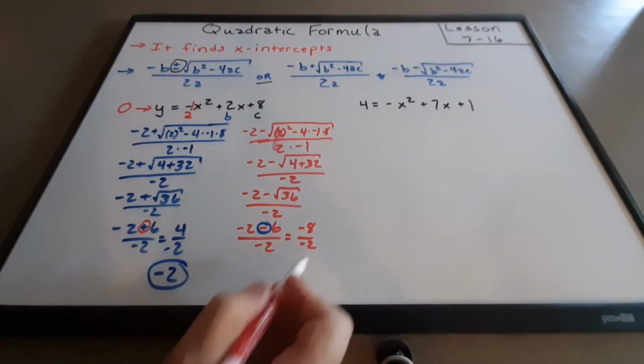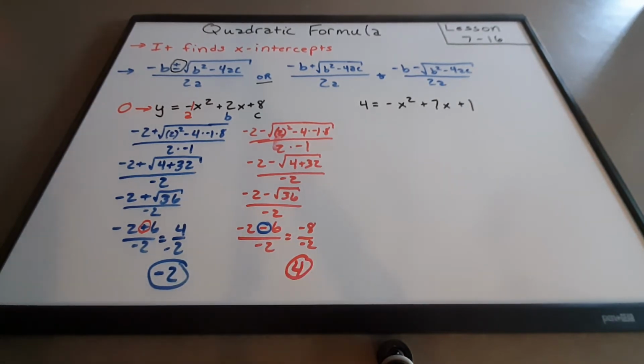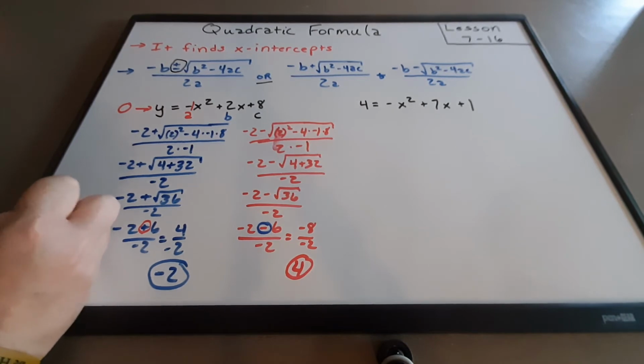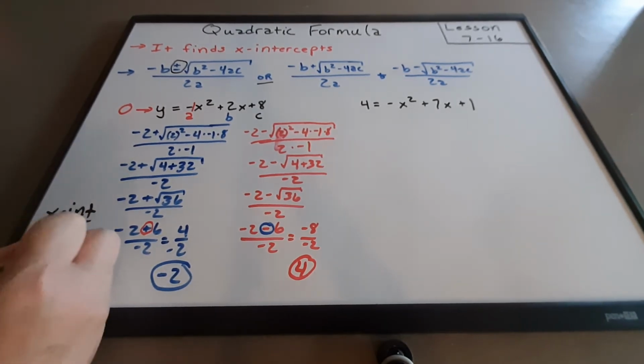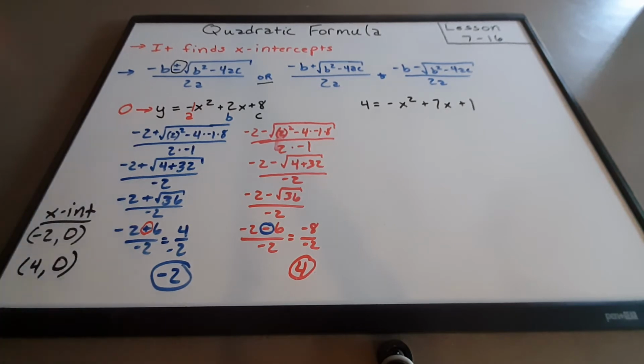And negative 8 divided by negative 2 gives us a positive 4. So our x-intercepts in this situation come out to be negative 2, 0. The 0 comes from here. And positive 4, 0.